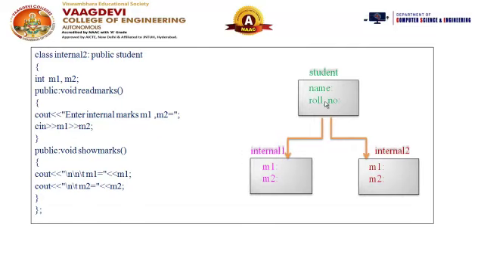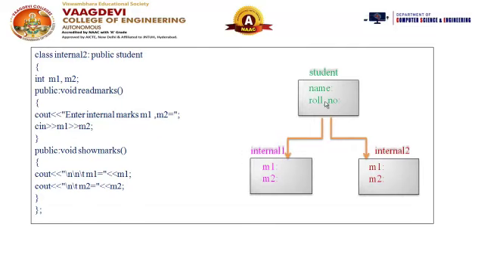The read marks function gets values and assigns them to the M1 and M2 variables. The show marks function displays the values in M1 and M2. In main, the obj1 object is created for the internal 1 class, as internal 1 is inherited from the student class.